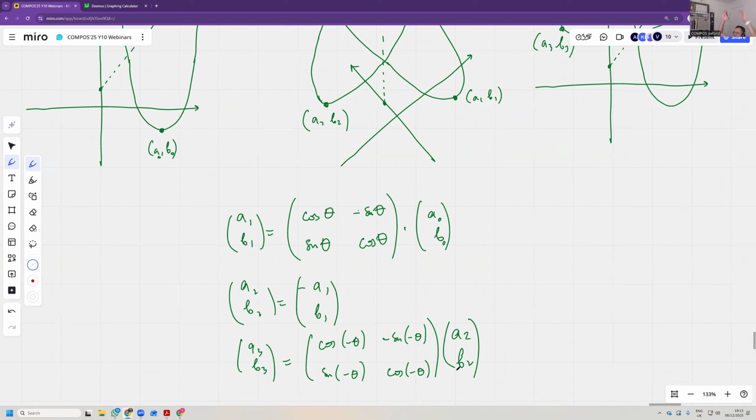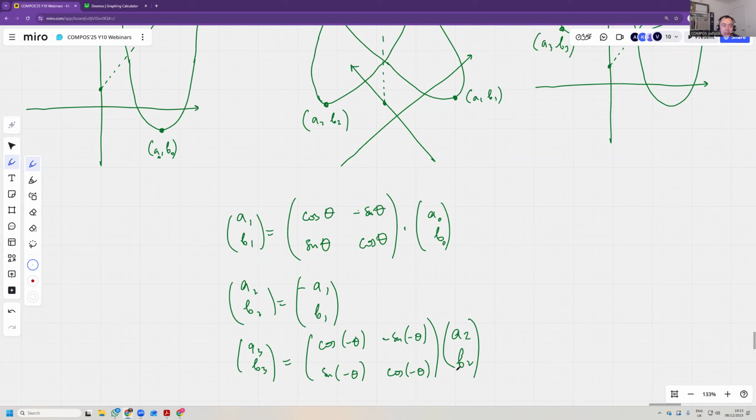Sorry, I know you're probably unfamiliar with the notation, but that's how you do it mathematically. You'll need to look up matrices of linear transformations. This is from further maths A level.